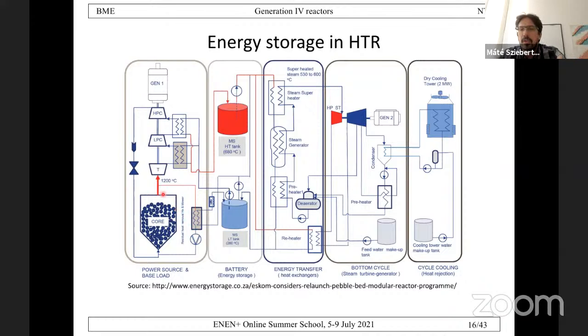Obviously, in the long term, on average, it will not be able to produce more power than the maximum power of the core. But you can direct some of the power during low consumption hours into energy storage, and during peak hours you can generate electricity from the stored energy.